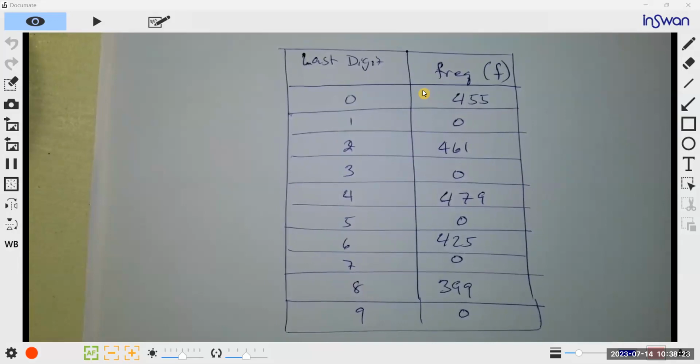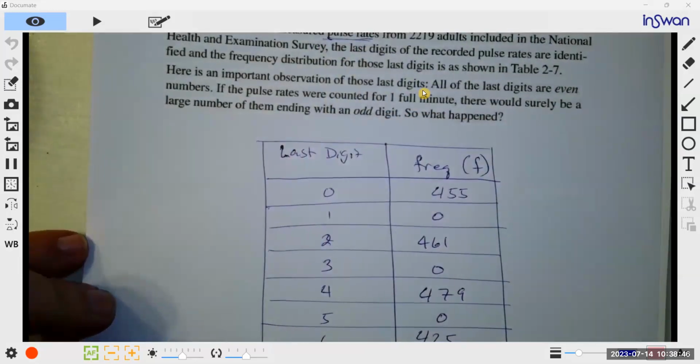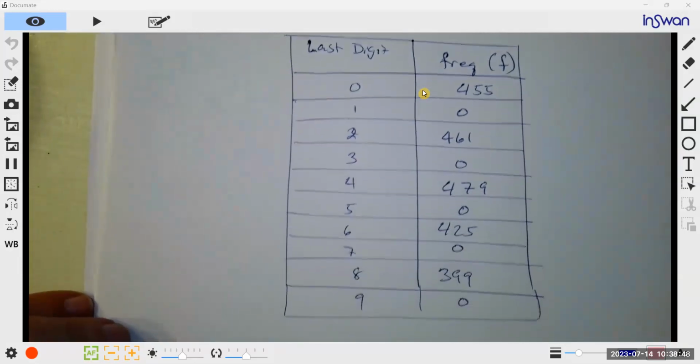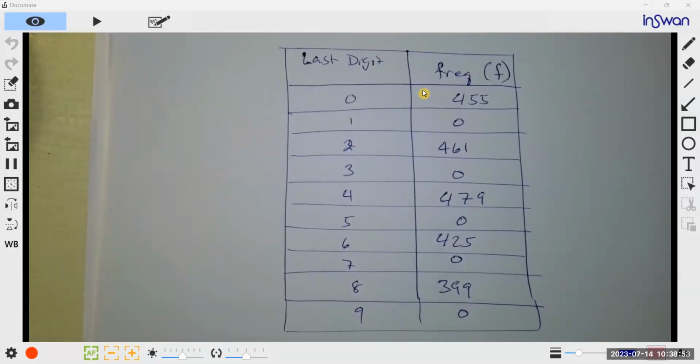If the pulse rates are counted for 1 full minute, they would surely be larger numbers and ending in odd digits. What happened here? This is what you would look at to see why this isn't working right. But remember, these are pulse rates. If you saw this, all the pulse rates are even numbers.